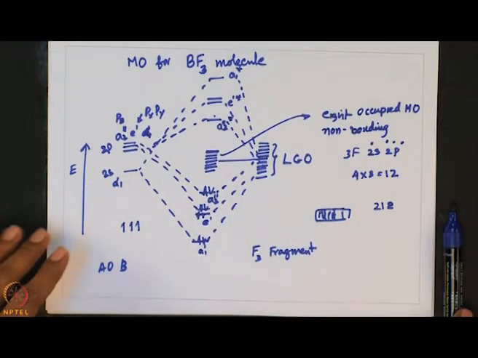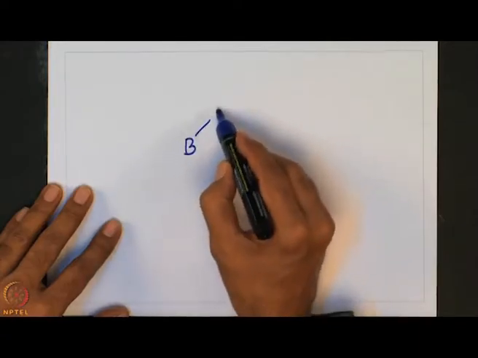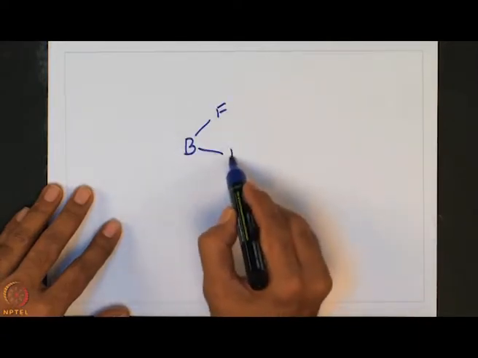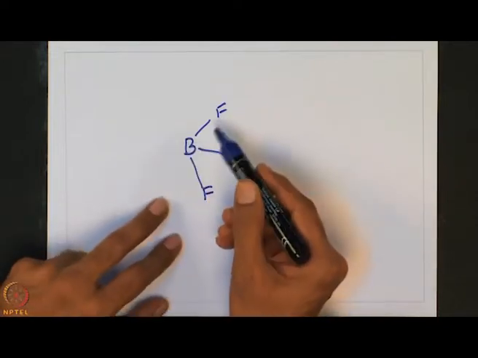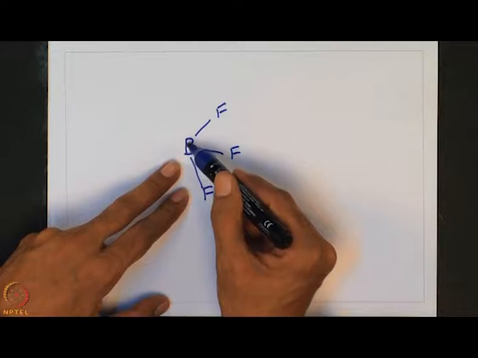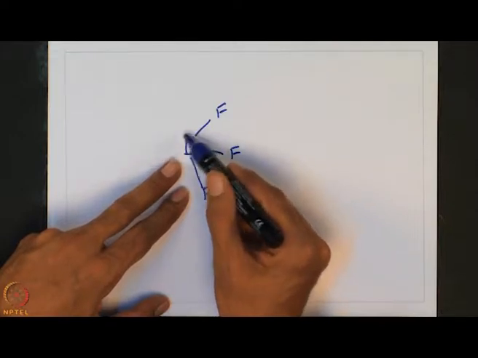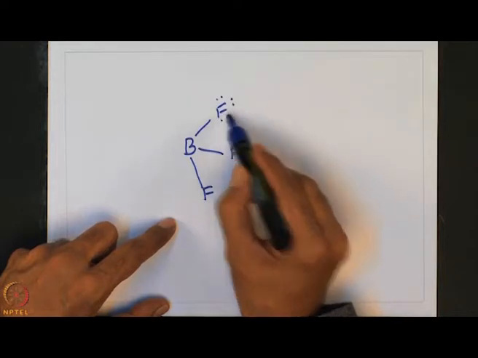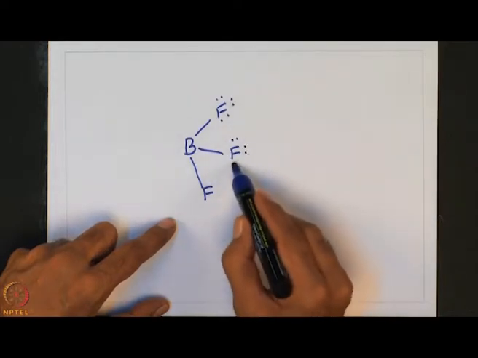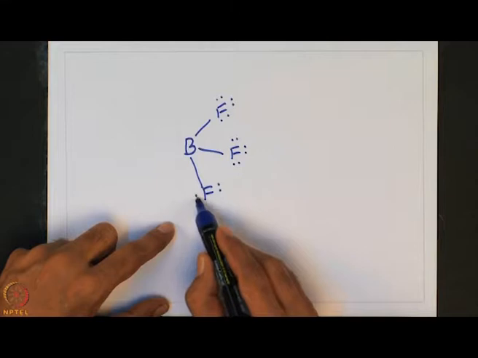Let me go back to the Lewis dot structure for BF3. So, let me write again the Lewis dot structure for BF3. So, 3 electrons we have used now. We had 2s2, 2p1, 3 electrons I have used for making the bonds, and now the remaining electrons I write like this. Okay.